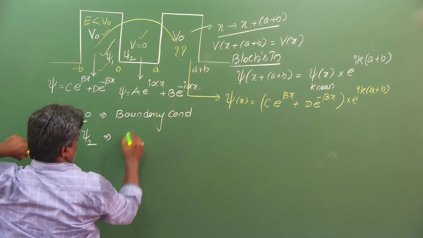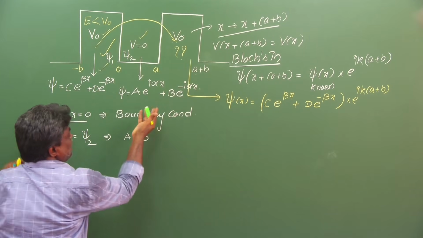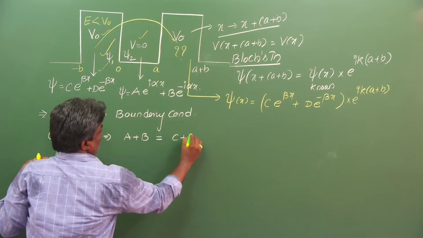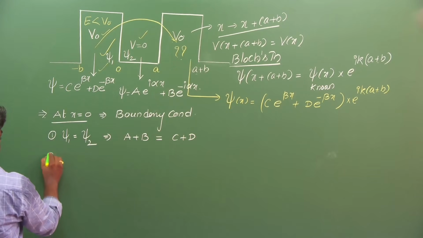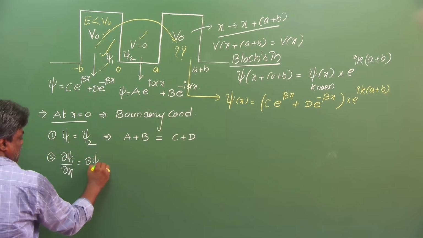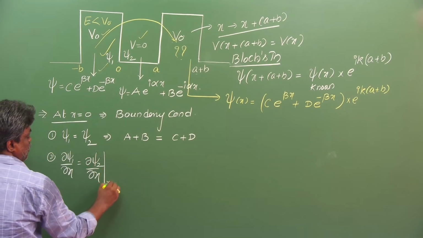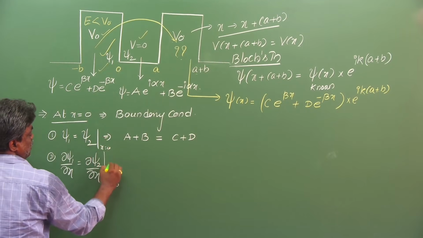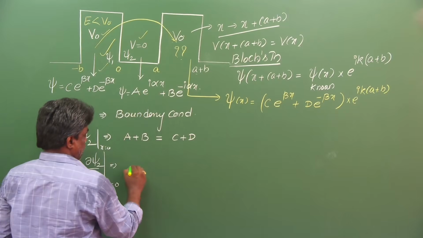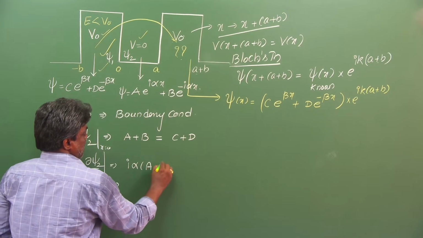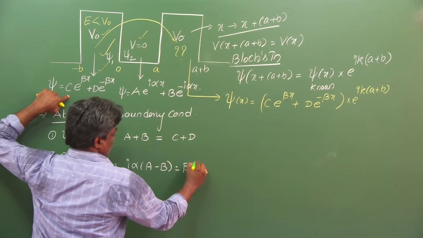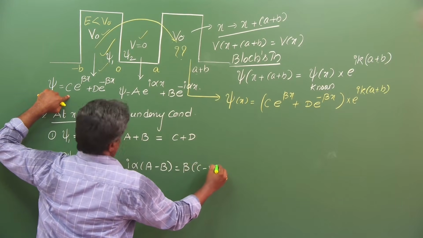Put x equal to 0 in psi 1 and psi 2, giving a plus b equal to c plus d. The second one is differentiation: dou psi 1 by dou x equals dou psi 2 by dou x at x equal to 0. Once you differentiate this, I alpha, a minus b, and this is beta, that's good.